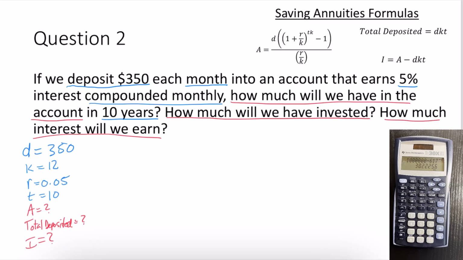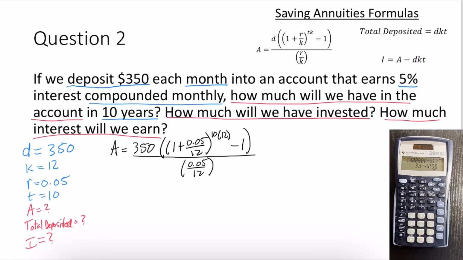So if we plug the numbers into the main savings annuities formula, that's kind of complicated, we find out that A, our ending amount, is going to be 350, because that's D, times, in parentheses, 1 plus my interest rate divided by the number of compounds, which is 12, raised to an exponent of 10 times 12, minus 1, all over 0.05 divided by 12.